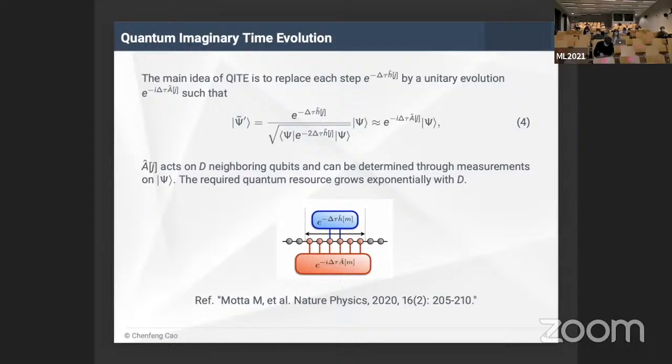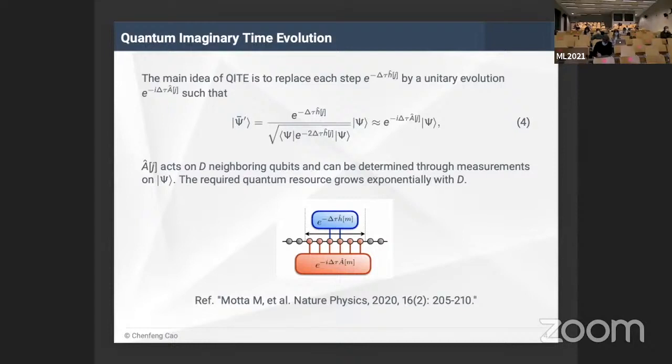Here, Aj acts on d neighboring qubits and can be determined through measurements on psi. Psi is the state before this step. The required quantum resource grows exponentially with d. And obviously, when d is large enough, for example, d equals the system size, we can always perfectly find the Hamiltonian Aj that exactly satisfies equation 4.